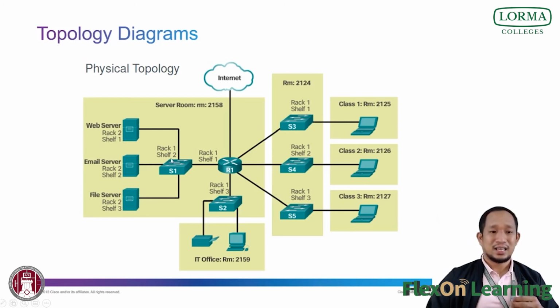This is declaring where the connection or the hardware are being placed in a physical manner. So you could automatically know where you're going to check the hardware of your web server. Same too with your switch, your router, your computers. So for this example, it's from IT office room 2159. And you can see on the other ends, it's almost the same. Now that's for physical topology.